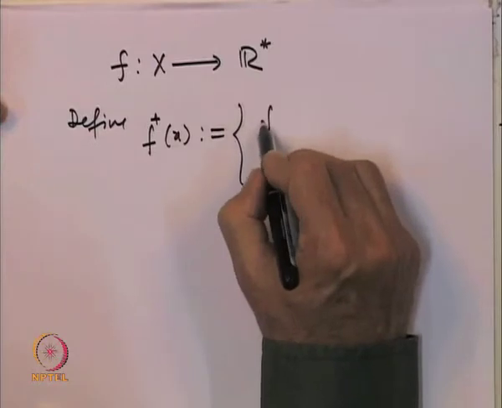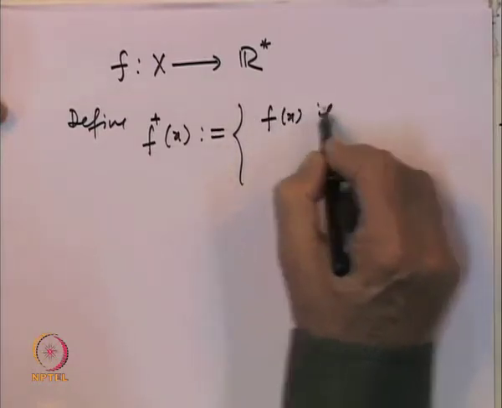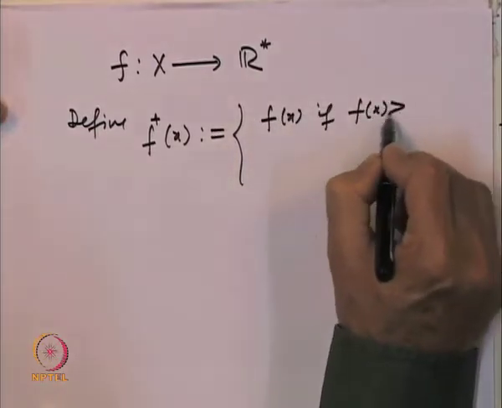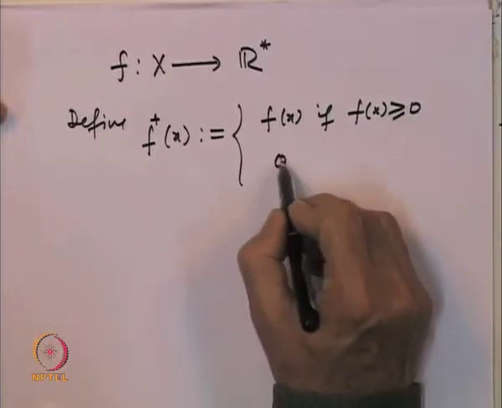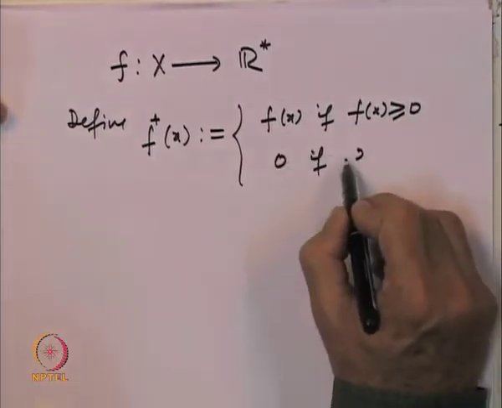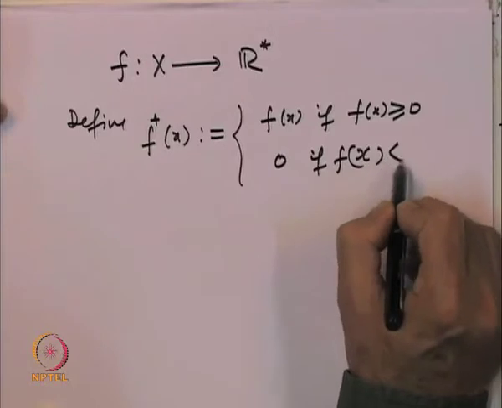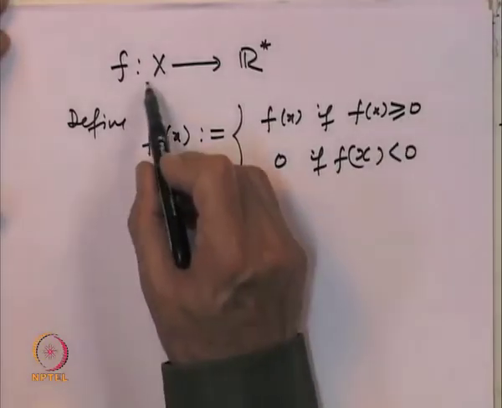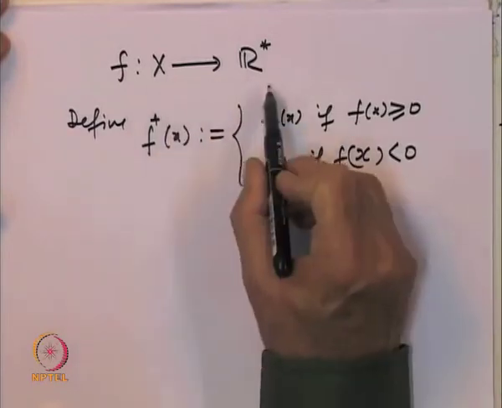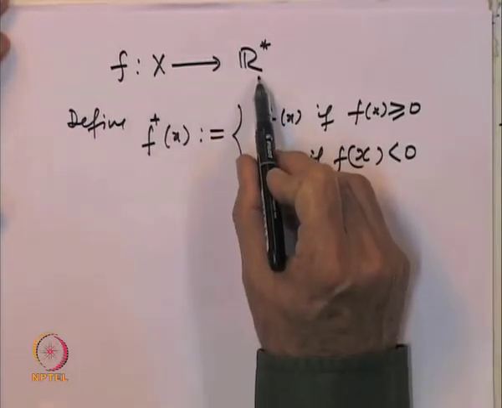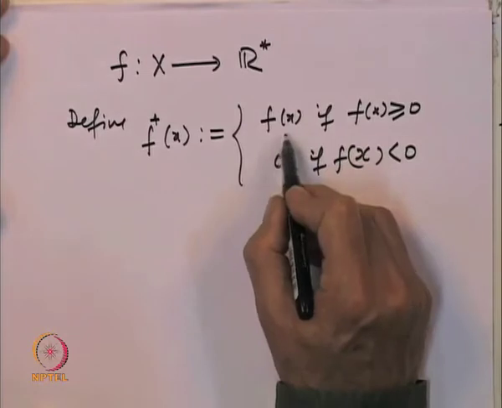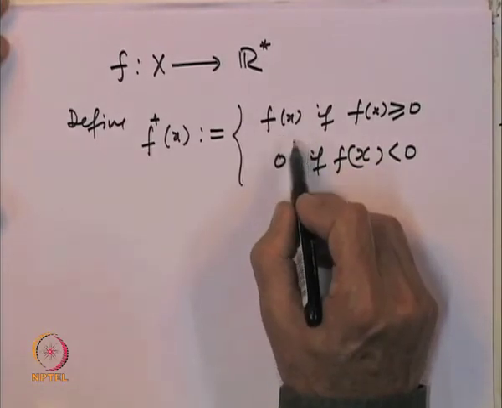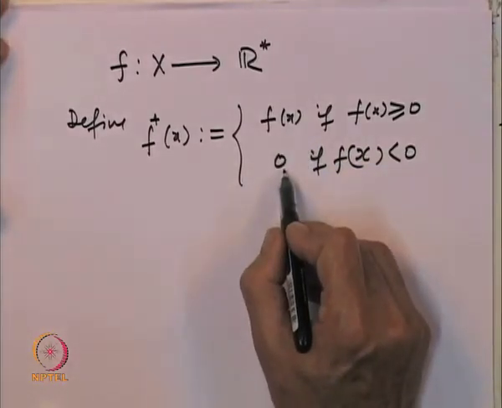It is equal to f of x if f of x is greater than or equal to 0, and it is 0 if f of x is less than 0. So look at the value of the function f of x. If it is bigger than or equal to 0, then you keep the value of the function as it is. As soon as it goes below, you cut it off by the value 0.